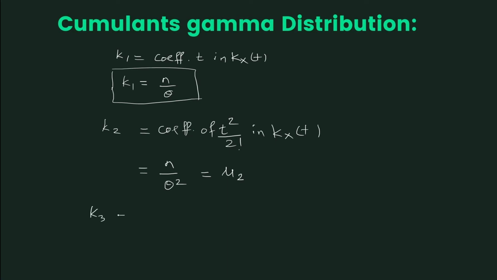Similarly, K3 equal to the coefficient of t raised to 3 divided by 3 factorial in K_X(t). As we have observed earlier, the coefficient of t cube by 3 factorial is 2n divided by theta cube, which is also the same as the third central moment mu 3.